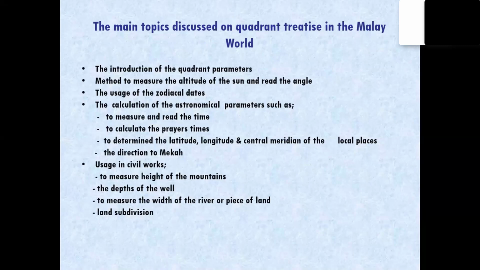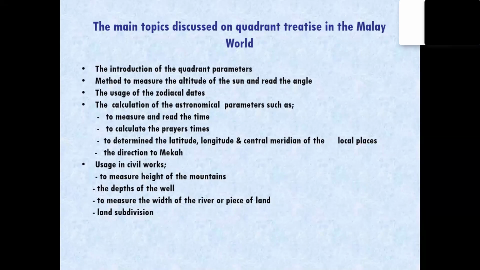The pre-modern calendar was not the Hijri or Gregorian calendar, but used a zodiac calendar, and there is the calculation to measure and read the time, to calculate prayer time, and to determine the coordinates of the place: latitude, longitude, and the central meridian, which is the south direction, not the east-west direction.